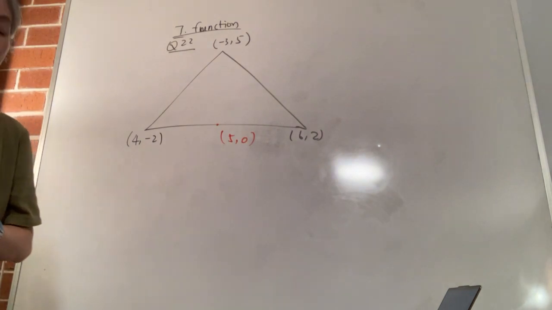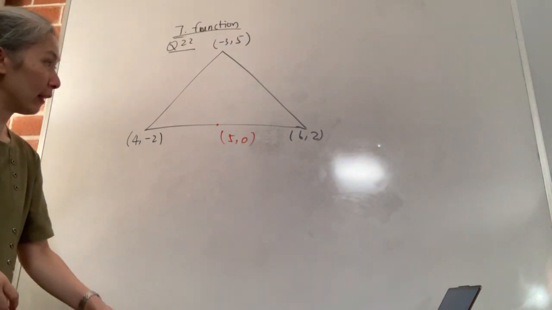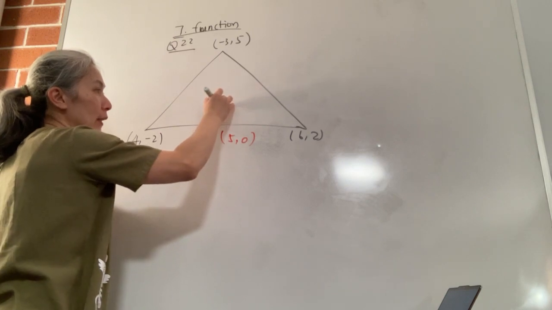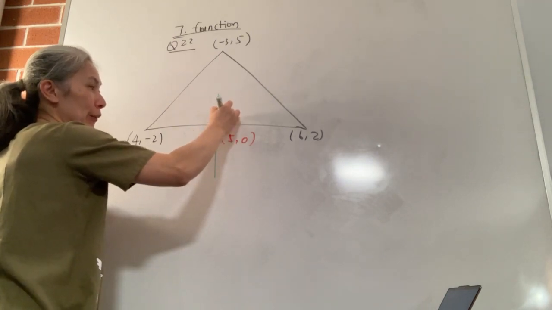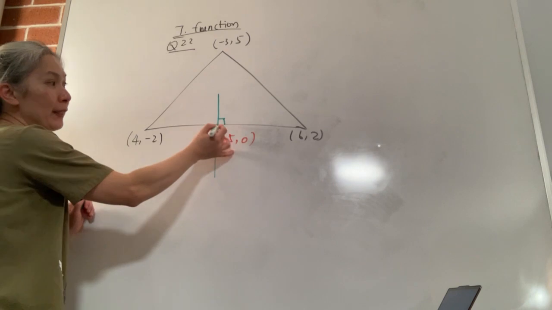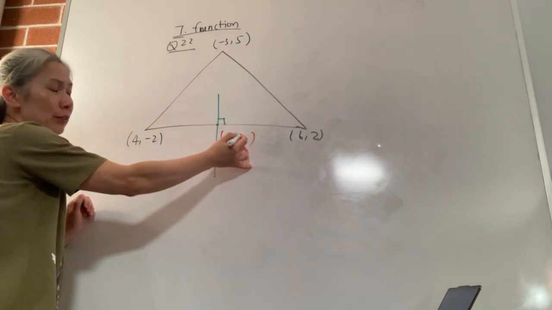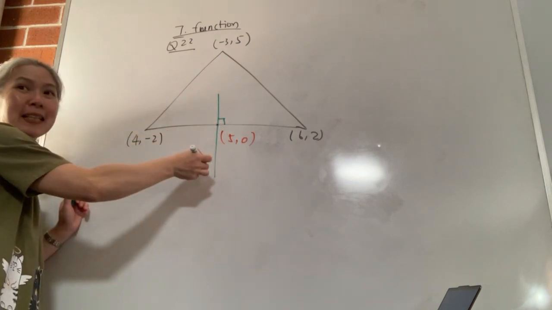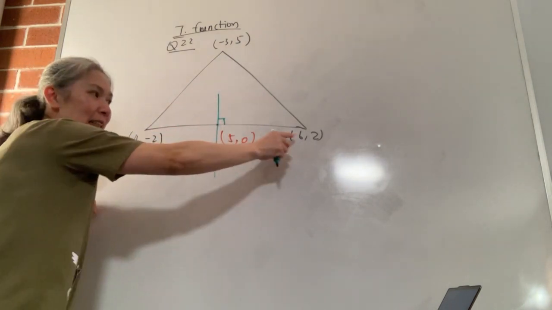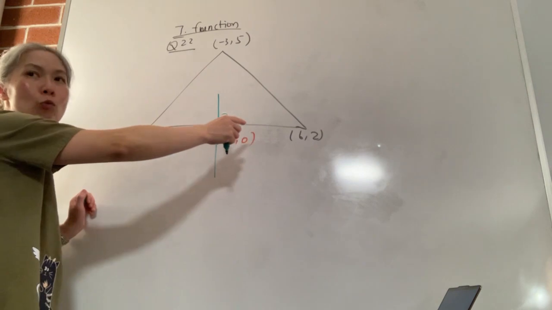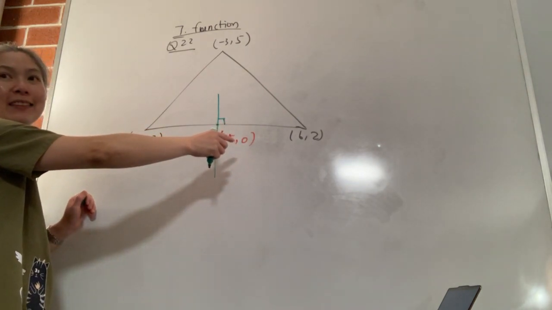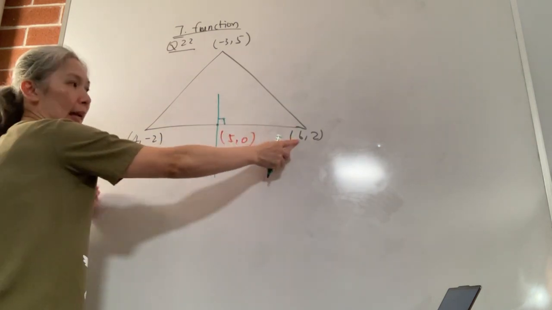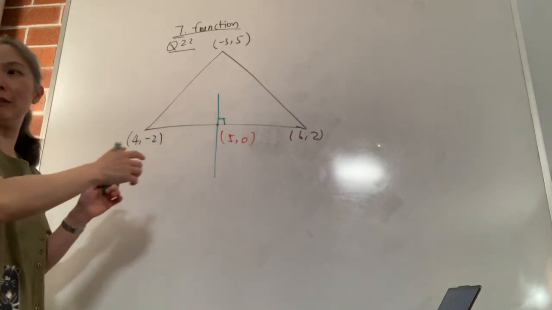Right. Now I want to find the equation that is perpendicular to this line and bisects it. Perpendicular means you go down like this, making a 90 degree angle. To find an equation, I need a point and a gradient. So how do I find this gradient? I need the gradient of that line and work out the perpendicular gradient. So find the gradient of these two points, and then you're able to find the perpendicular gradient.